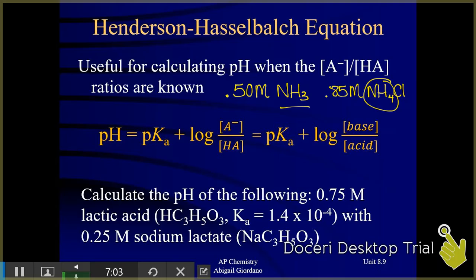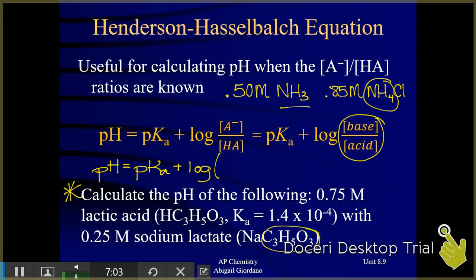I would say still pH equals pKa plus the log of, now in this case, and this is why I like to write it, sort of think of it like this, what is the base in this situation? In the problem that we just did, the base was my conjugate base.